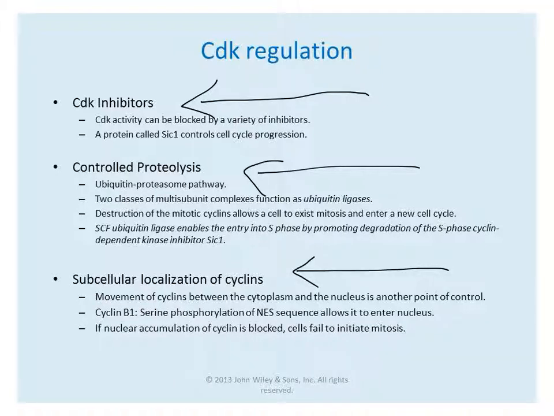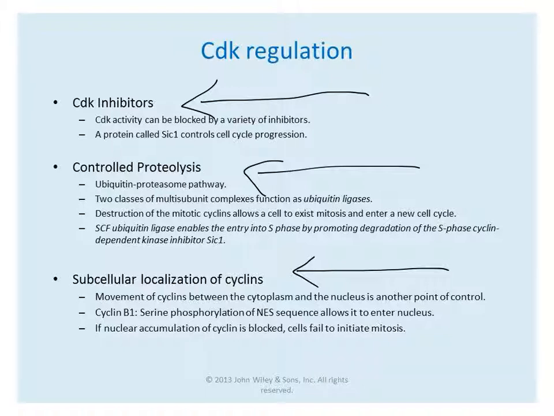Another mode of regulation of CDK activity, besides inhibitors and destruction of cyclins, is the movement of cyclins to different locations so they no longer can effectively bind to a CDK.